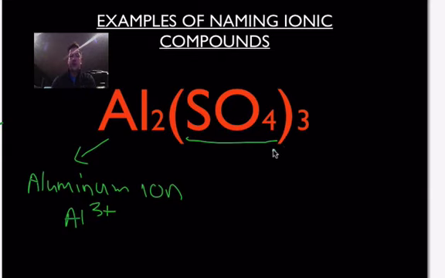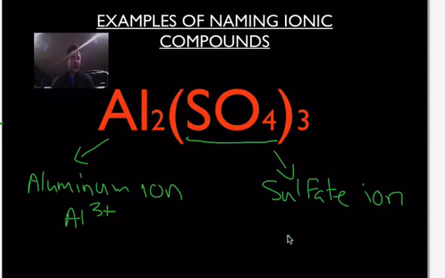And on the other side we have our anion, which is called sulfate. This is our polyatomic ion. So sulfate ion, SO4, has a 2- charge. Now that doesn't add up.